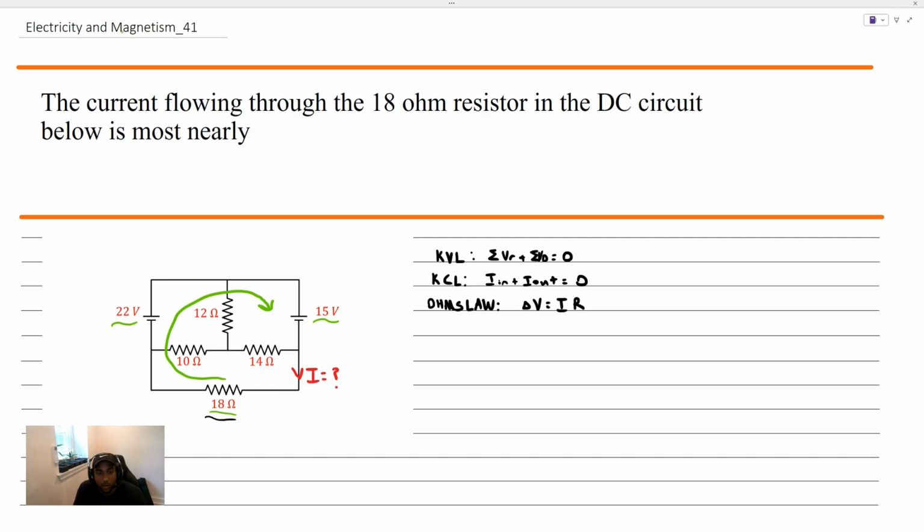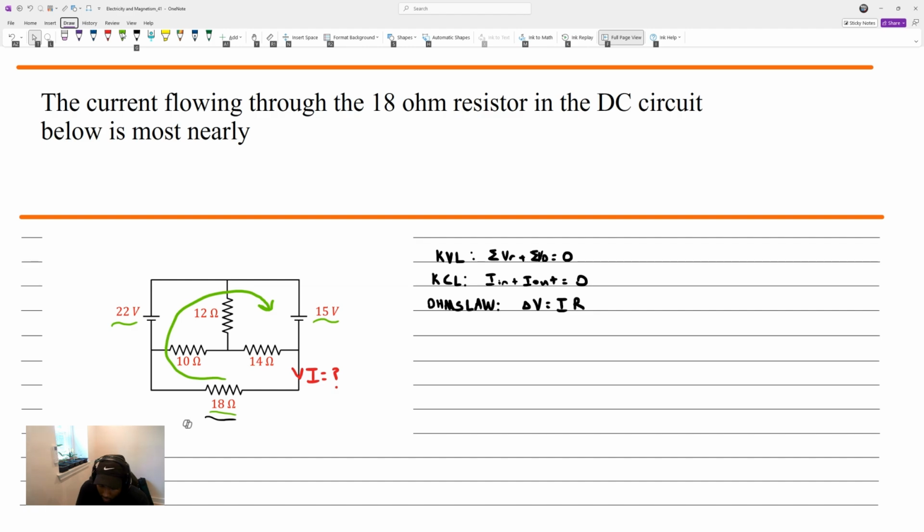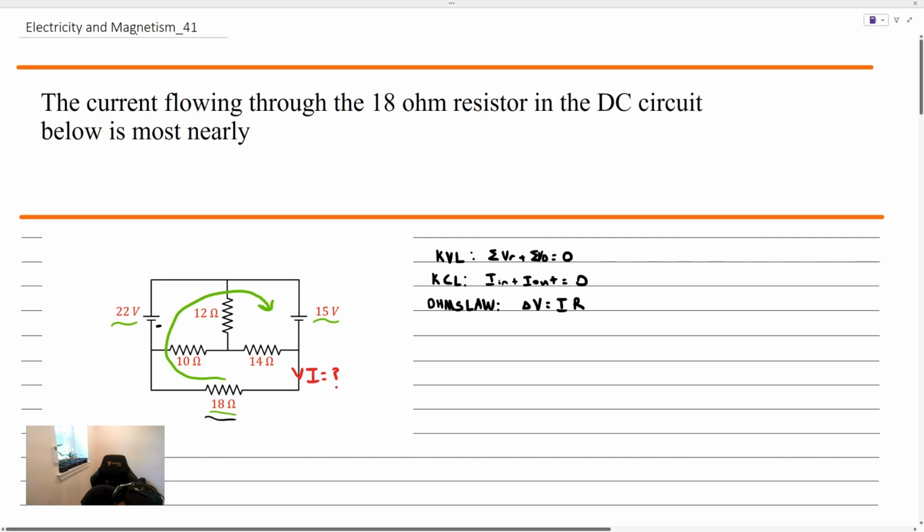What's critical for using Kirchhoff's voltage law is really getting the signs correct. When you have sources, you want to start with those. When you're labeling the signs, the smaller of these two lines is the negative sign, and the upper one is the positive sign. The smaller of these two sources, that negative is associated with that, positive on the other side.